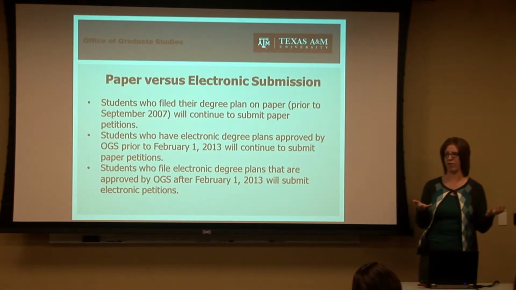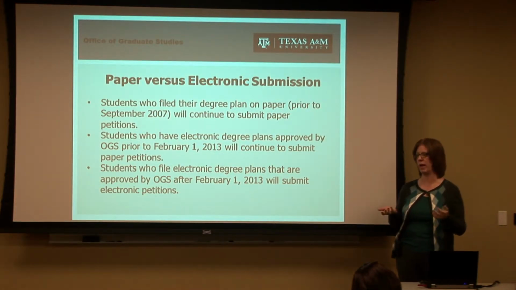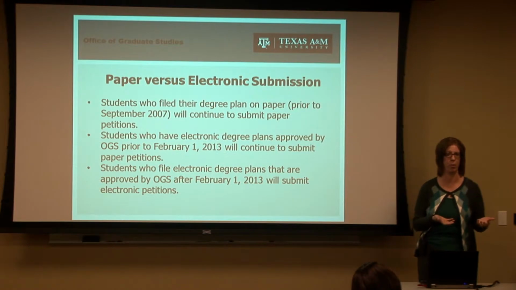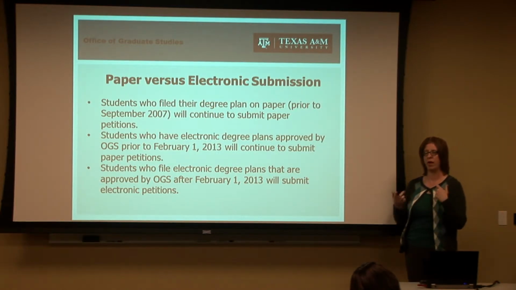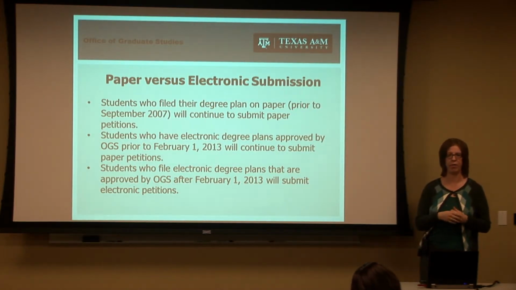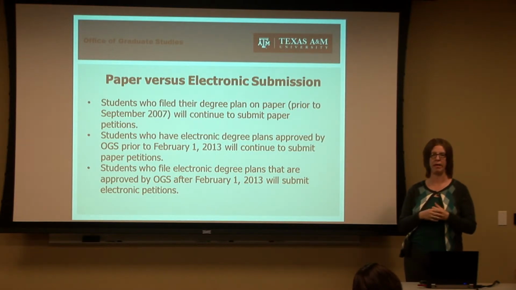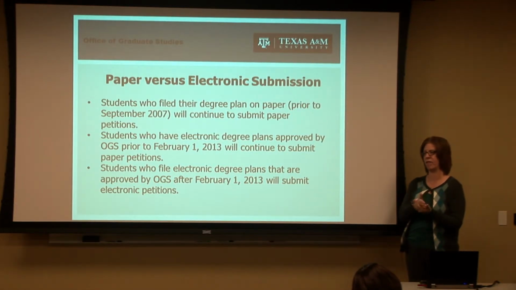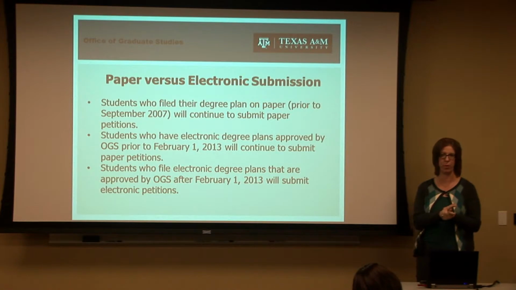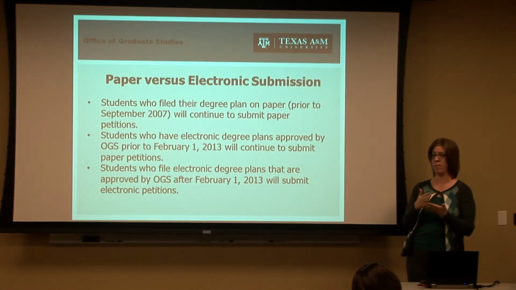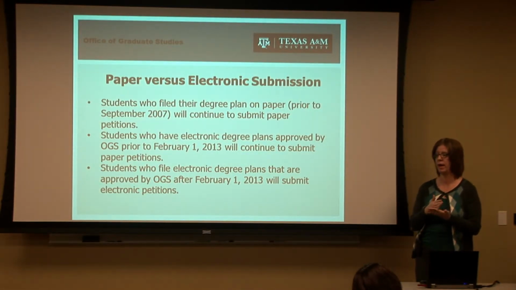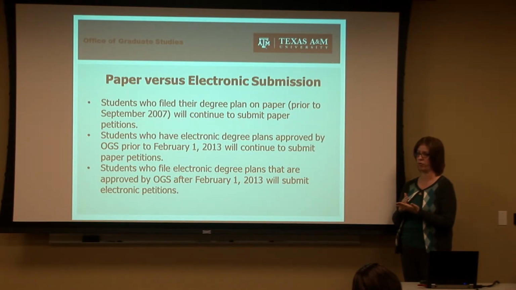And so, obviously those students probably haven't had time to make any changes yet because their degree plan just got approved. And so that's another thing that we're going to ask the pre-committee staff approvers' help with, because, like I said, if they technically have a degree plan that was approved prior to February 1st, but they've made no changes to that degree plan, it is going to be okay for them to go through the electronic system.